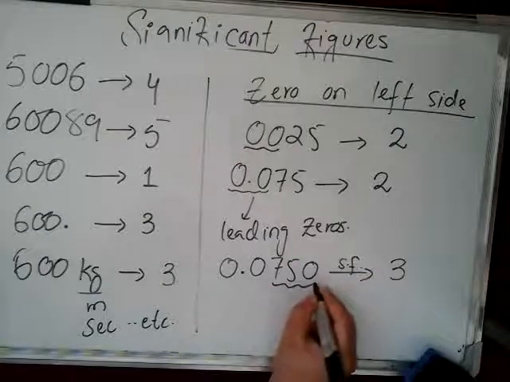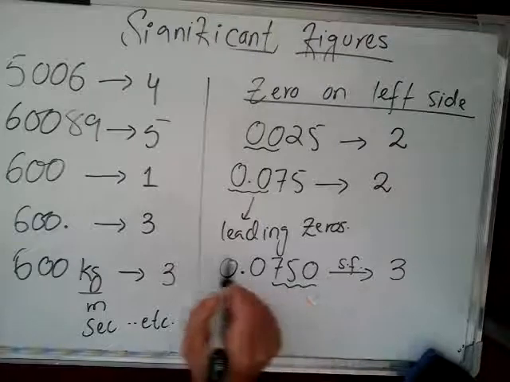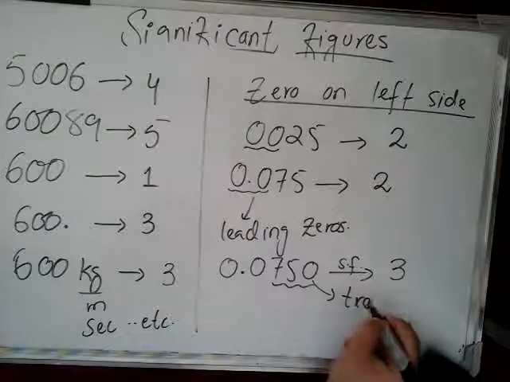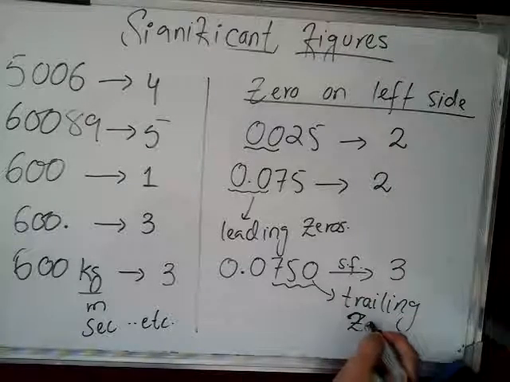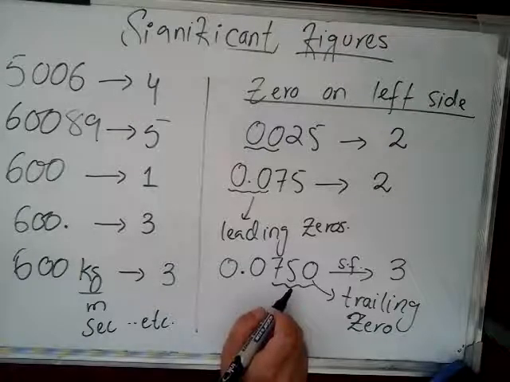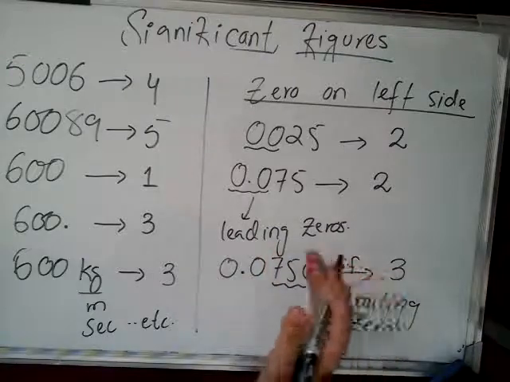Those zeros which are present after a number are called trailing zeros. Trailing zeros are those zeros present on the right side after a natural number.